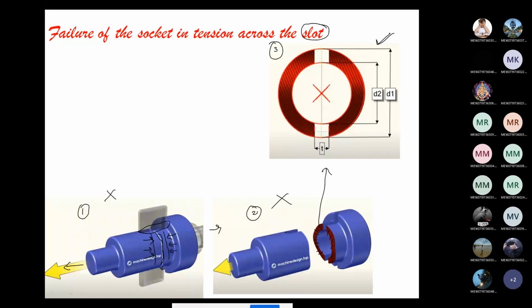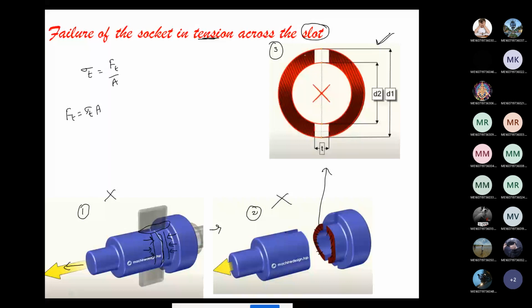So failure is happening in tension, so tensile stress is induced. Tensile stress equals tensile force by area. With this equation, I can write Ft equals sigma t into area. What is the area? The failure area we need to consider here. Which one is the failure area? This red color hashed line.